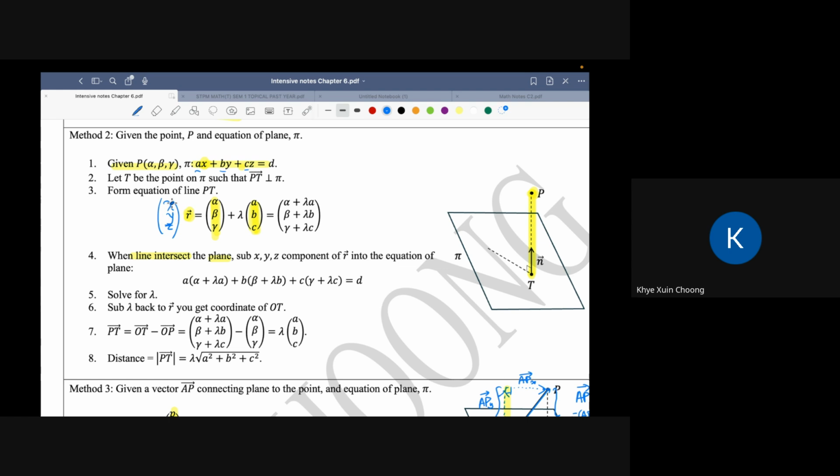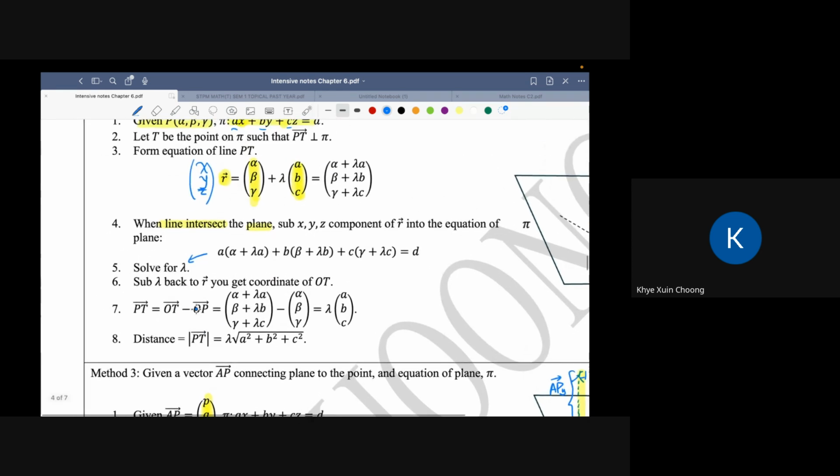We read out the x component, which is alpha plus lambda A, the y component, which is beta plus lambda B, and the z component, which is gamma plus lambda C, which should equal the XYZ of the plane. So you can sub this into the equation of the plane. Since A and alpha are constant values, you should be able to rearrange and solve for lambda.